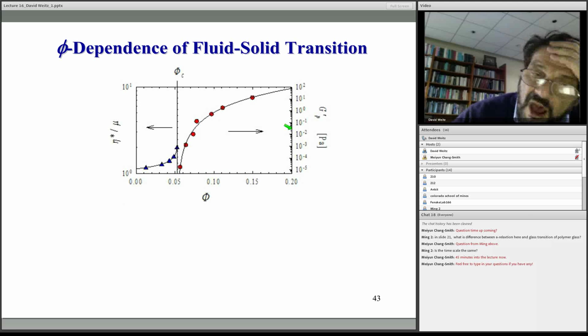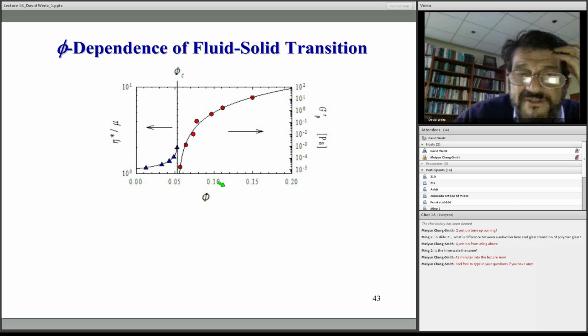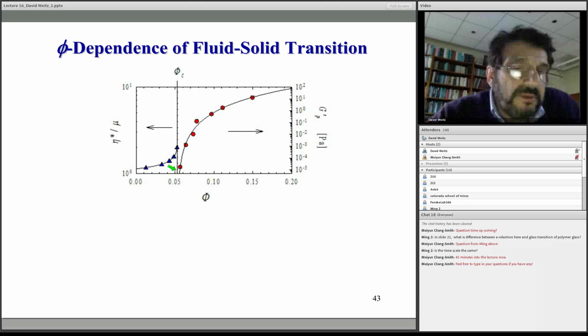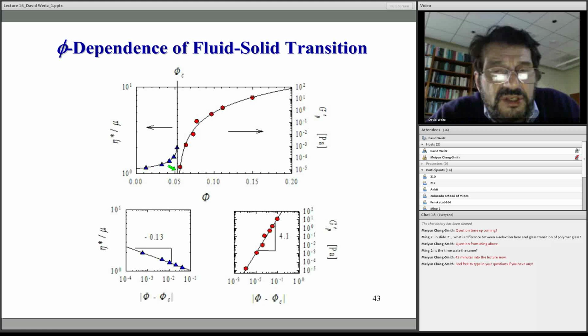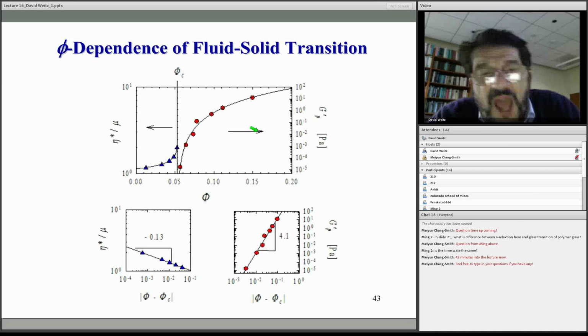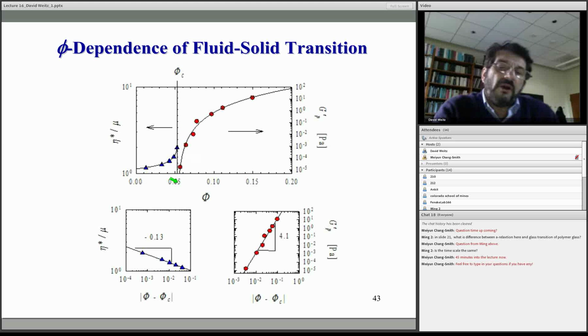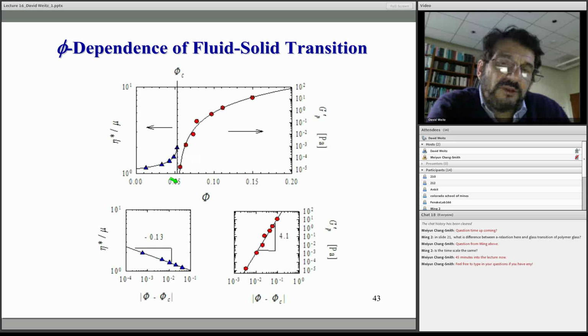So it's log linear. Anytime I see this with some kind of offset like this, the natural way to plot it is in a scaling plot, and that's shown here, where I've taken the elastic modulus. I can subtract off some low value, but it's so small that I don't have to, and I'm plotting that as a function of the distance of the volume fraction from this characteristic value.